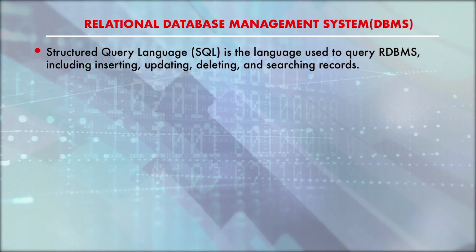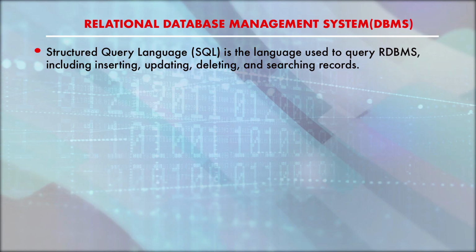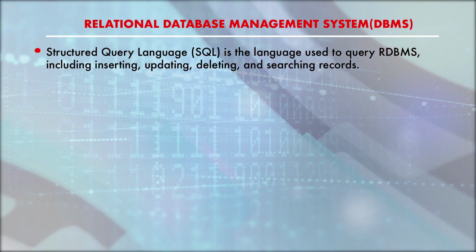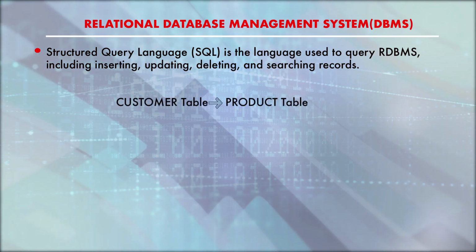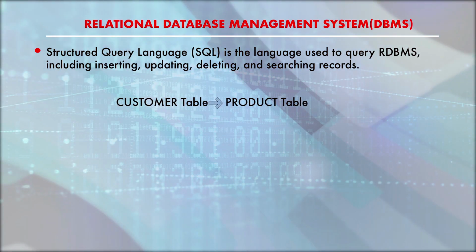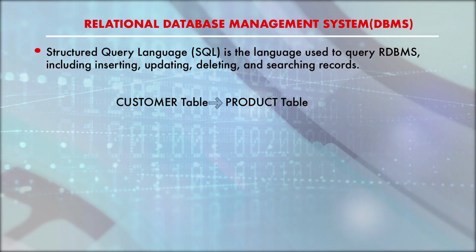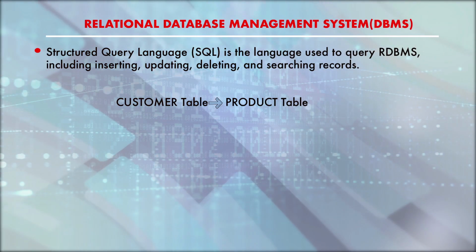For example, let us take a normal shopping example where the customer is going to purchase some product. Obviously, customer will be a relation in which the information related to different customers can be stored, so a customer table will be created.